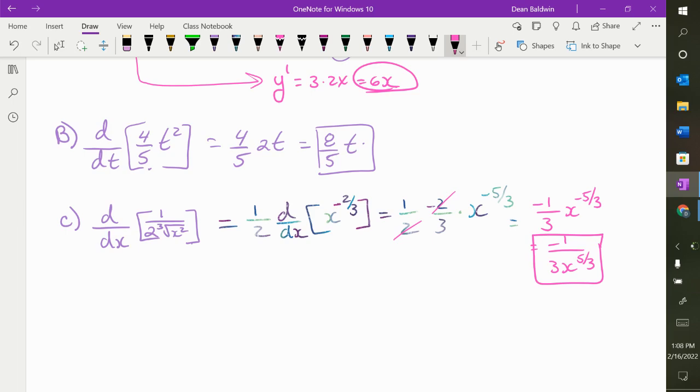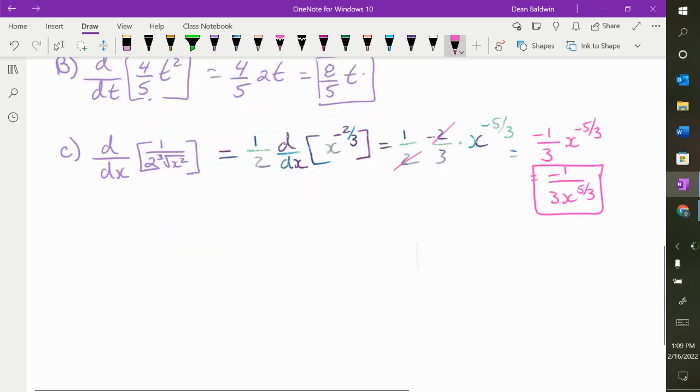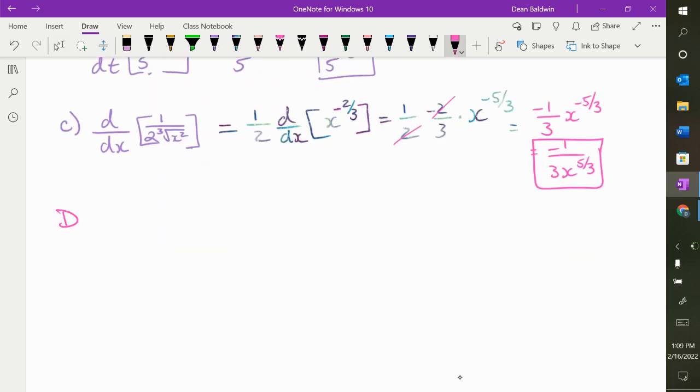Yeah? All right. I want to do one more. Then I'll give you a few practice, and then I want to do the trig ones. Okay, let's do D. All right, we're gonna do, if I say y is equal to x cubed plus 2x squared plus x, over x.